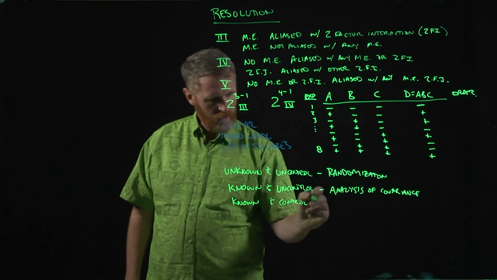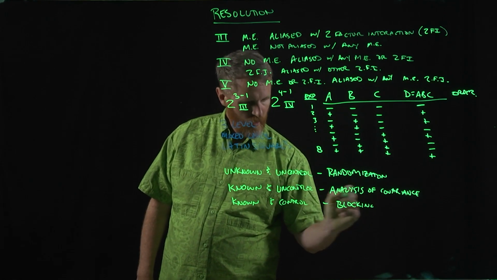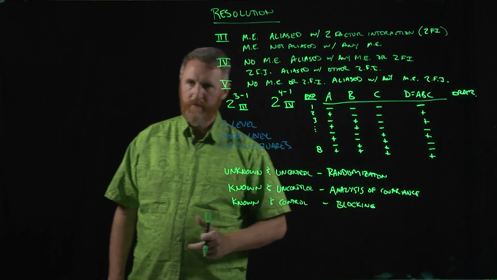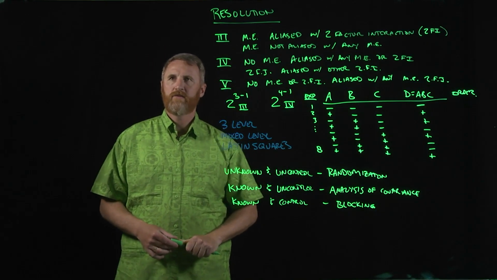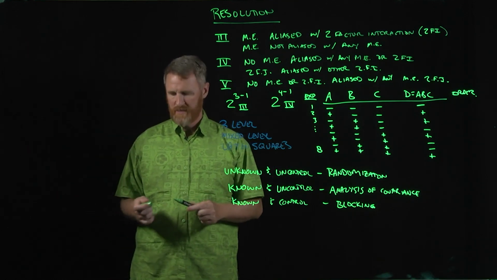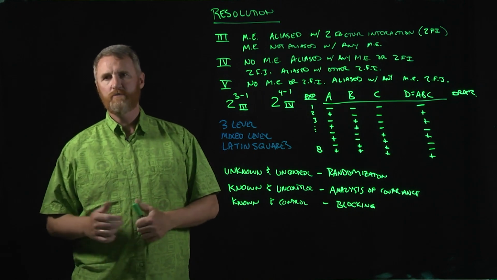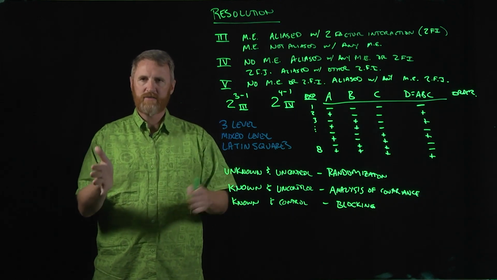And then if it's known and controllable, we do this thing called blocking, which is where we're going to say, okay, I want to have this randomized order that is of like 24 subjects, and I can run 6 subjects a day in my neural experiment. Well, that means that I'm going to have 4 days of 6 subjects.